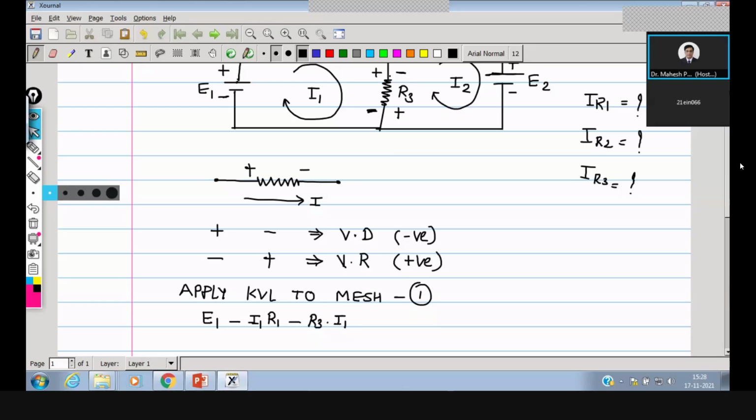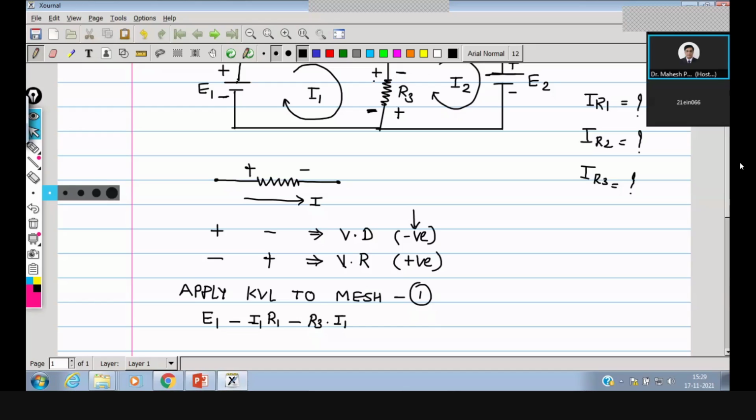At the same time, in the element which is common between the two meshes, the assumed direction is clockwise, and the sign convention is minus to plus. Due to I1 it is plus and minus, so we considered this value. And here, due to current I1 the direction is clockwise, but according to the current I2 direction that we assumed, it is minus to plus.